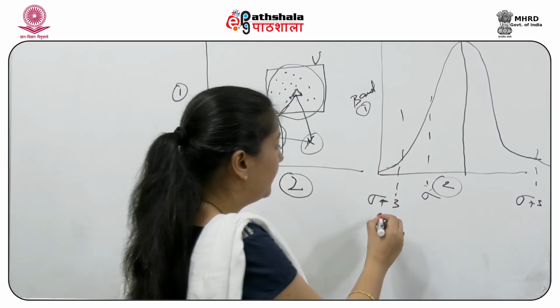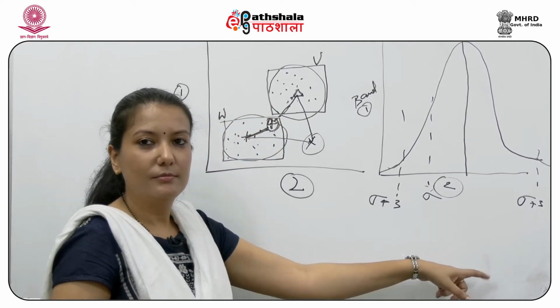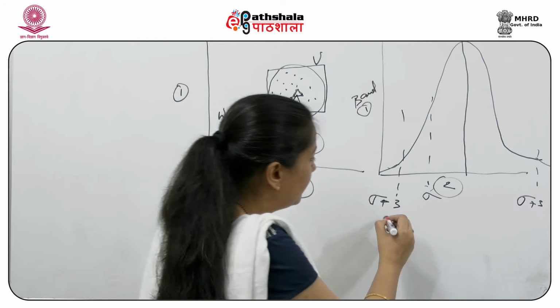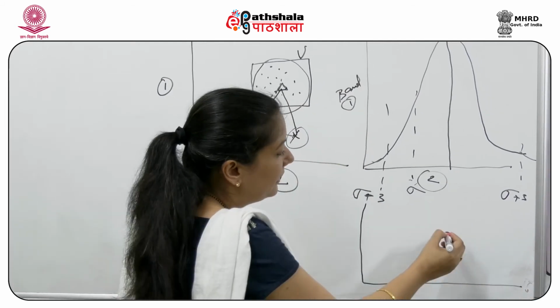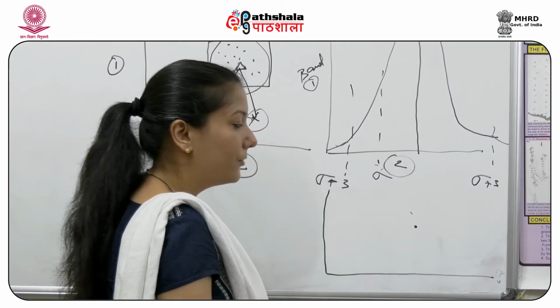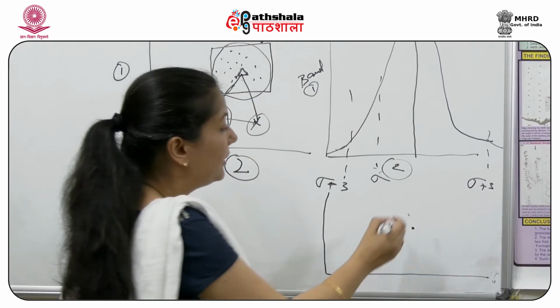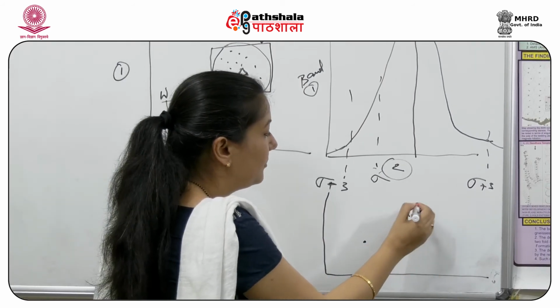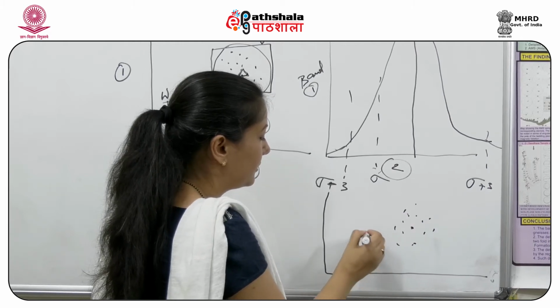Now suppose this is your feature space for your pixels, and here is the mean value of one class and this represents the mean value of the second class, and these are all the pixels of that class and these are the pixels of the second class.